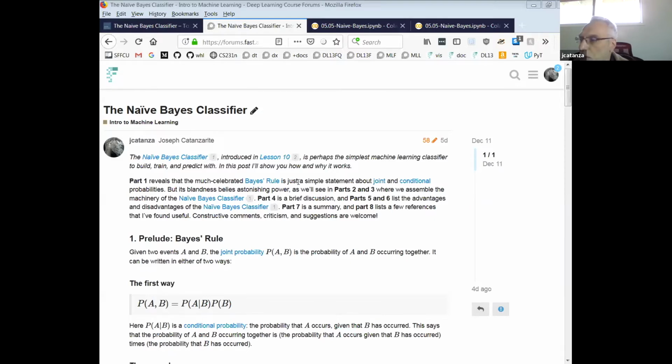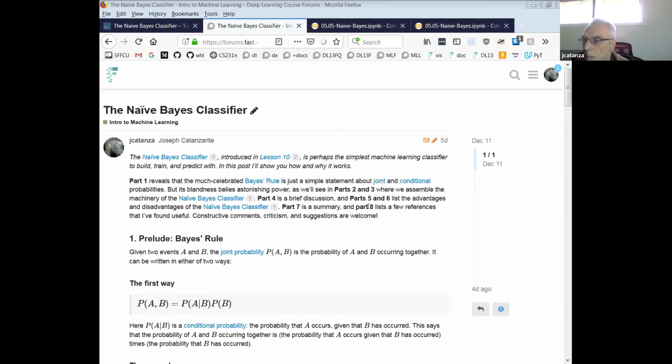After we do this, Michael gave a nice link to a Google Colab site where you can do some hands-on work with a naive Bayes classifier. I also have a link at the end of mine that takes you to a tutorial like that. But mine is just going to develop the underpinnings of it. And apologies to those of you who already know it.